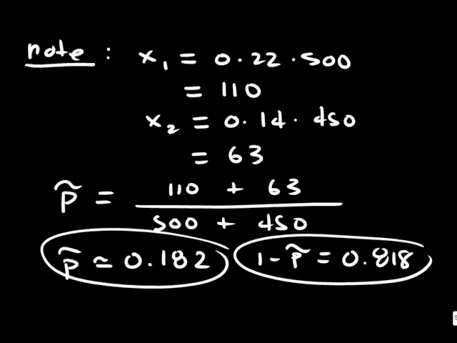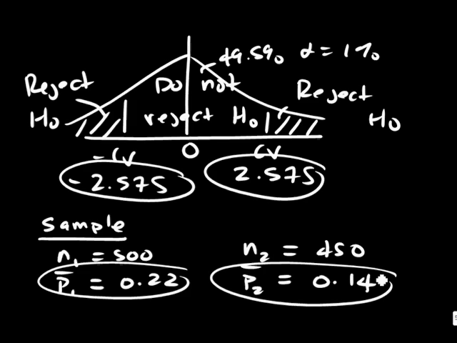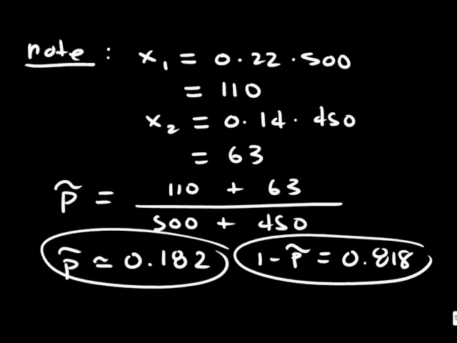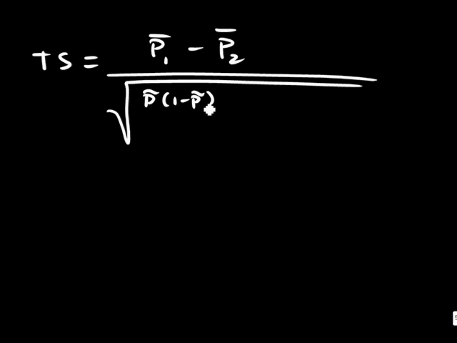The test statistic will be the difference of sample proportions divided by, again, the square root of pooled proportion times its complement over sample size 1, plus pooled proportion times its complement divided by sample size 2. Let's see what we get.